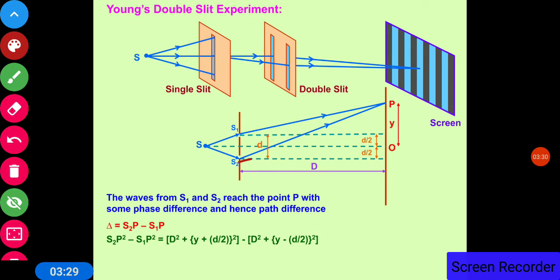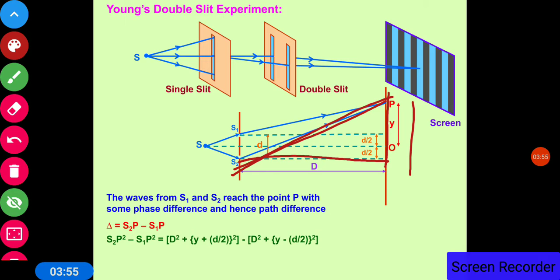In this triangle, for S2P, using the Pythagoras theorem, hypotenuse square is equal to perpendicular square plus base square. Here the base is capital D and the perpendicular is y plus d by 2.